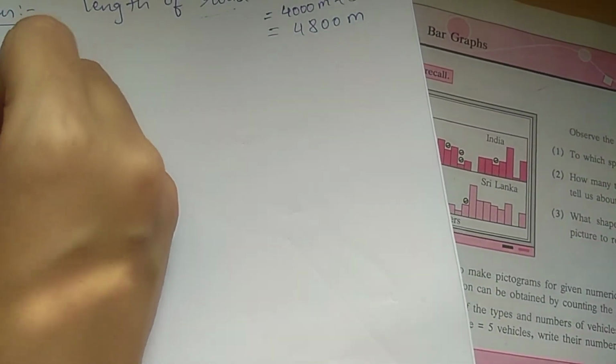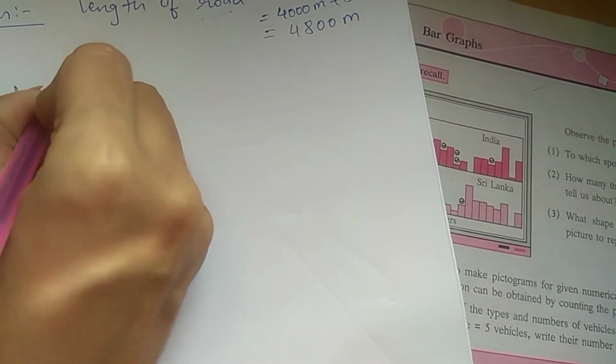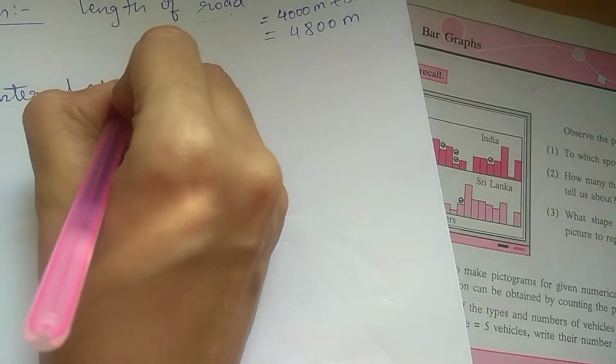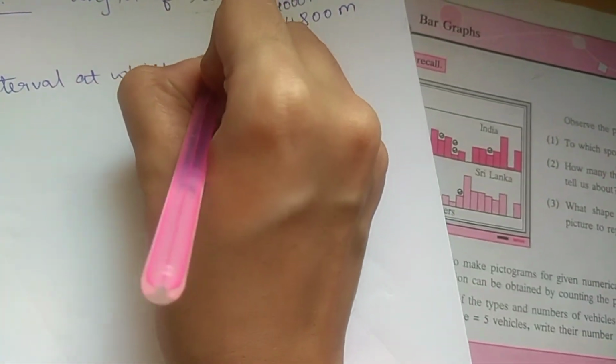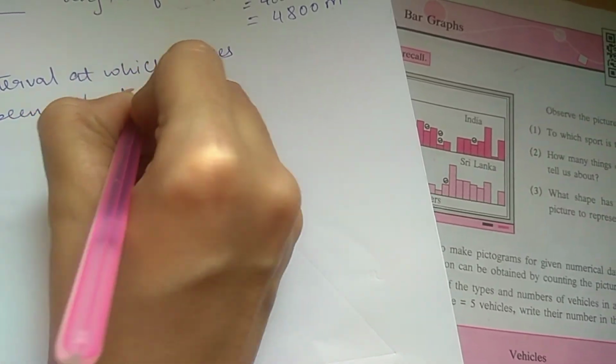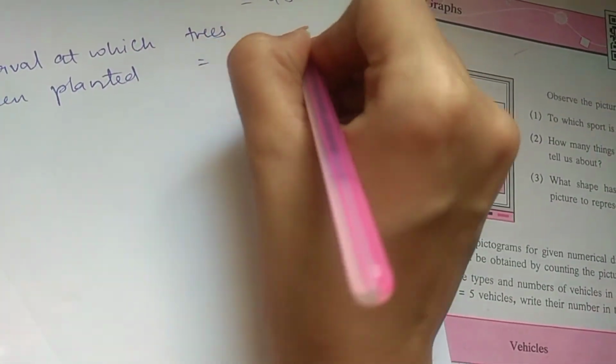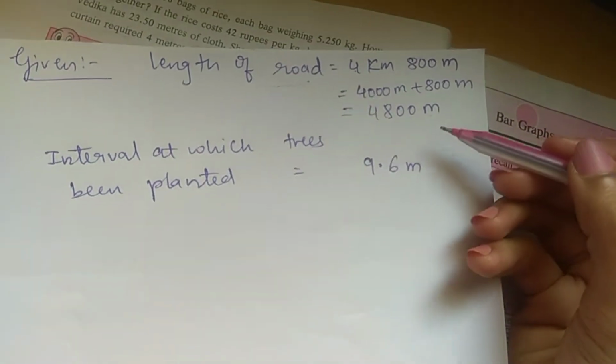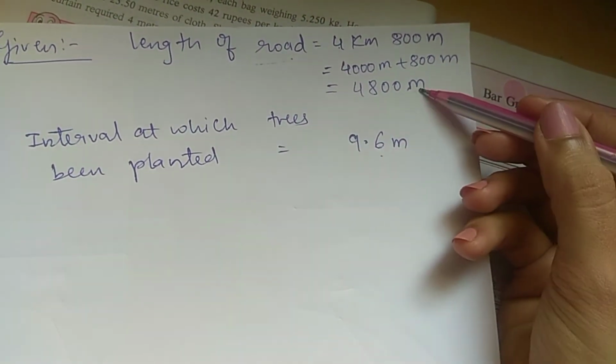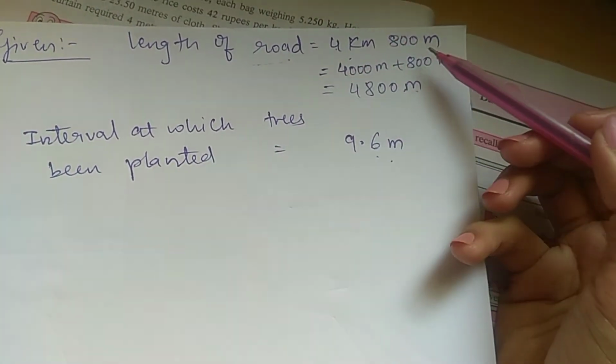Now, the interval at which trees have been planted. In how many intervals have they been planted? 9.6 meters. Now, are both units the same? First it was in kilometers and meters.